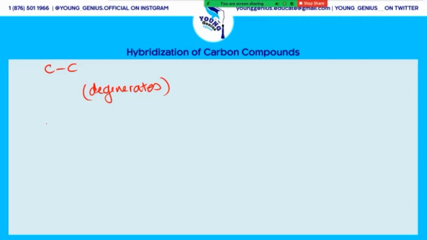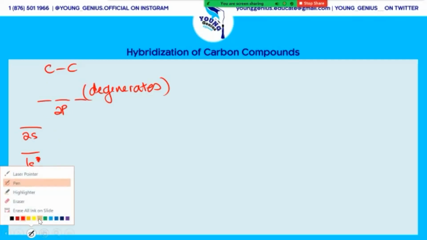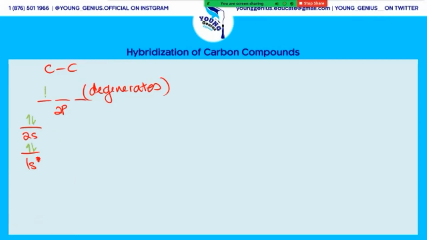So if we write it out, we have the 1s orbital, above that the 2s orbital, and above that the 2p orbitals. We know you have 2 electrons in the 2s and 2 in the p orbitals.